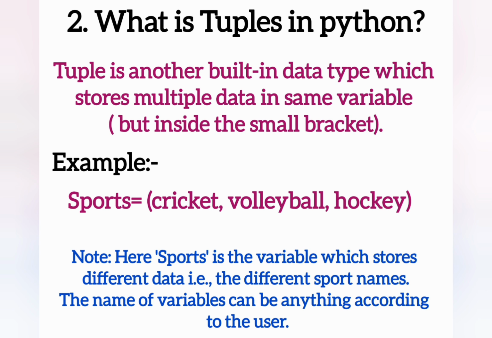Here I have taken the example, and my variable is sports, and equals to is the assignment operator I have discussed in my previous video. Then I have created a tuple which stores the data cricket, volleyball, hockey. So this tuple stores the names of different sports, and it is stored in the variable sports.